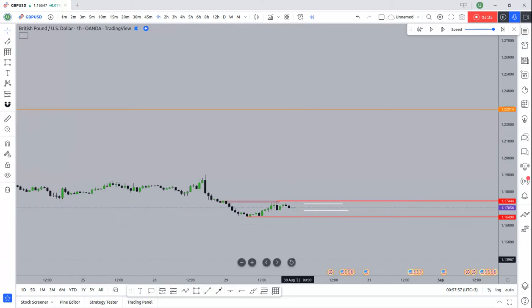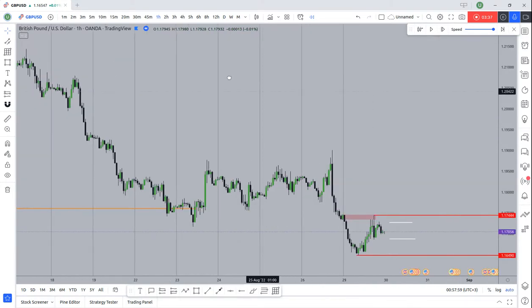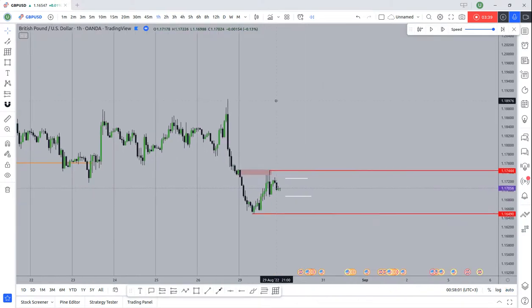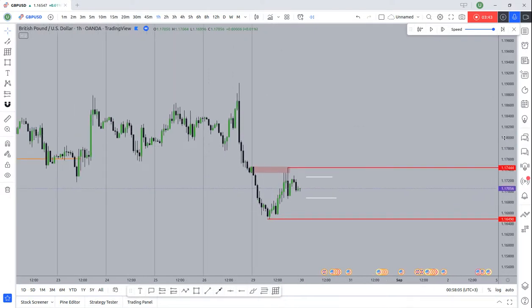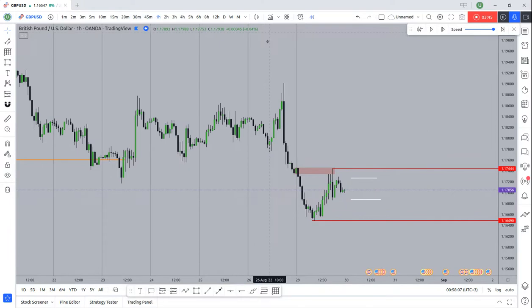Quickly we go to H1. Now I do have these day dividers. I don't know how you would call them. You can see these vertical lines. They basically divide days of the week. Like this was today.